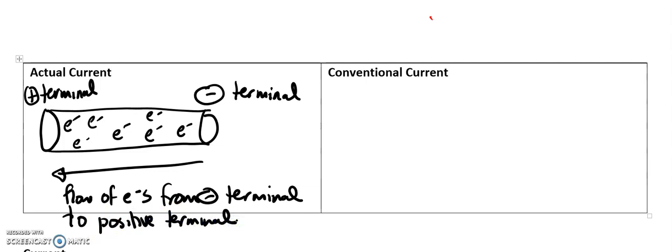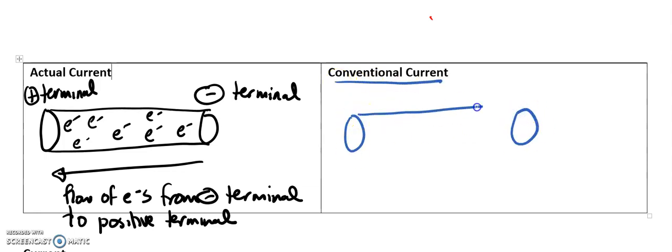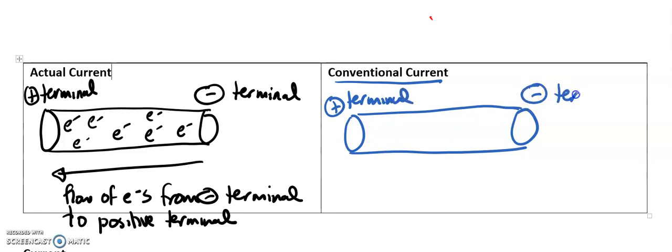When current was actually discovered, Benjamin Franklin did a lot of research on it, and he thought it was the positive charges that move. And this is what we call the conventional current. So again, if we hook this wire up to a battery, and we have the positive terminal and the negative terminal, he assumed it was the positive charges that move.